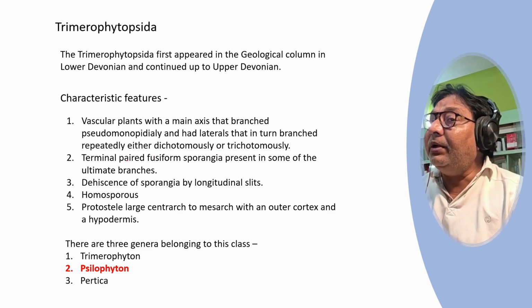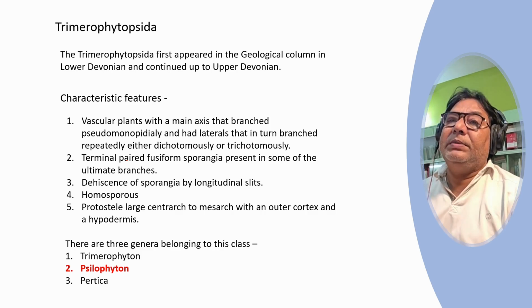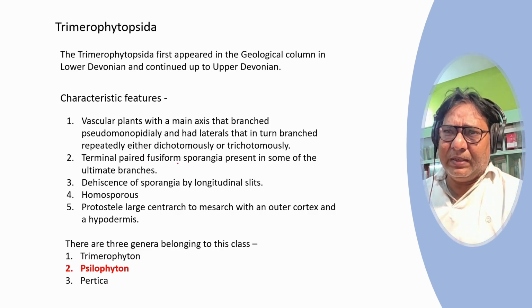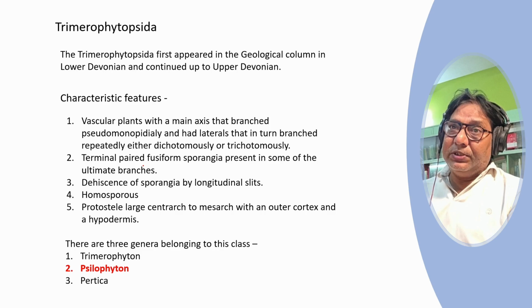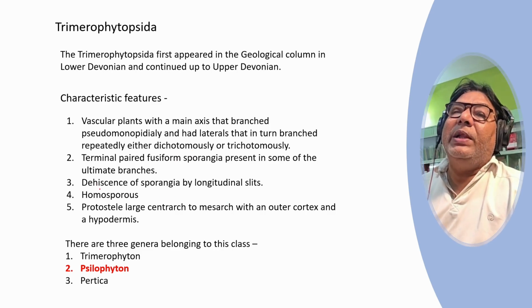Terminal paired fusiform sporangia were present in some of the ultimate branches. Note this: paired and fusiform. Fusiform is more or less spindle-shaped, similar to the shape of the Rhynia sporangia, but here they are present in pairs and terminal in position, and we will see that they were suspended, I mean, hanging, pendulous.